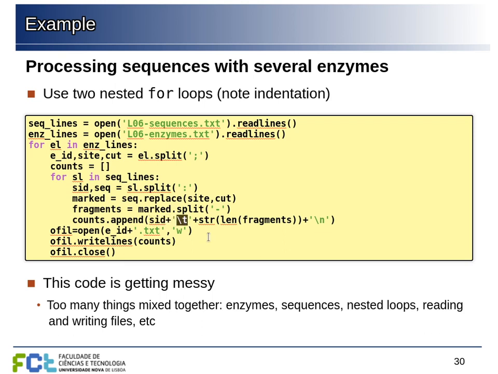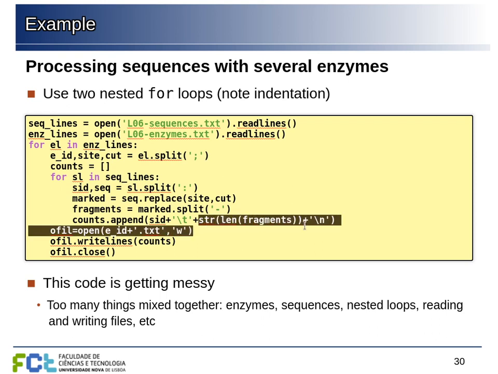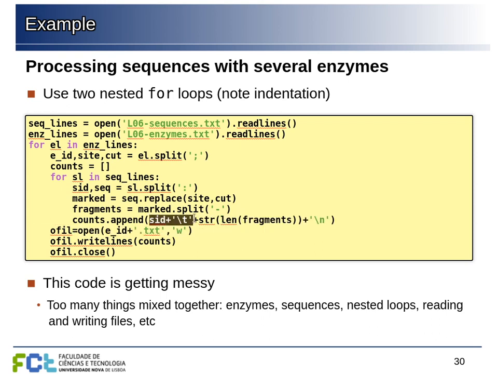a tab character. This is useful when you want to create two columns always at the same distance, and the length of the fragment list that we have. So this will be the number of fragments in this case. Of course, since we are creating a list of strings here on the counts to export to the text file, we need to convert this number, which is the number of elements in the list of fragments, into a string before we can concatenate it with these other strings.